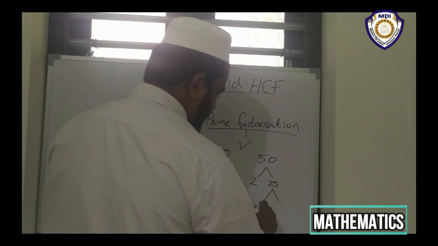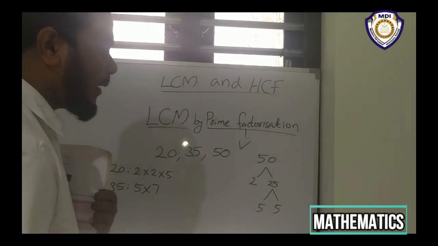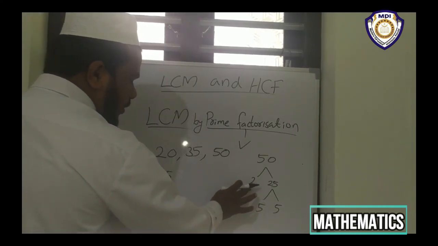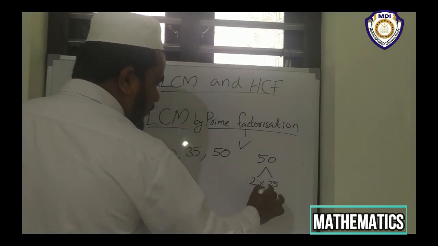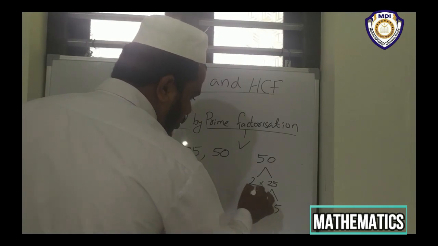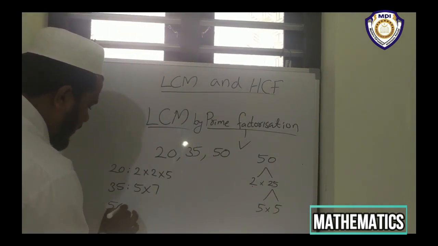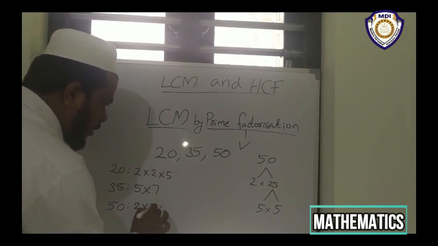Please listen here. 50 can be factorized as 2 into 25. Here 25 is 5 into 5. Then 2, 5, 5 are the prime factors: 2 into 5 into 5.